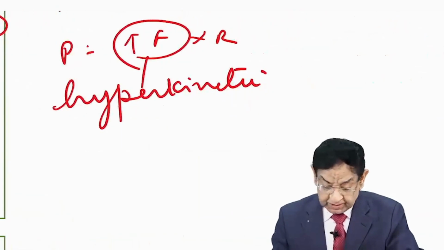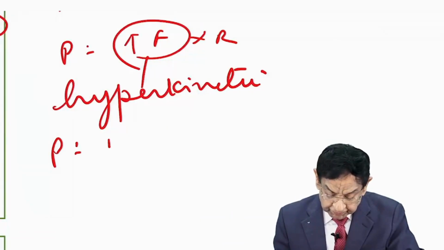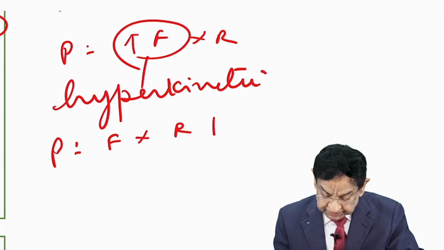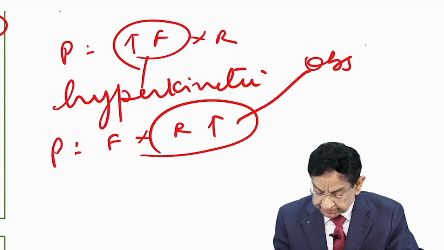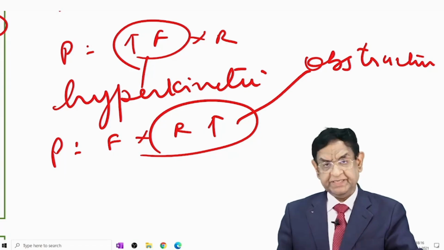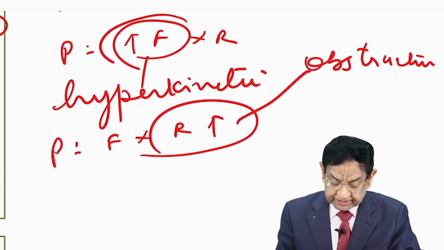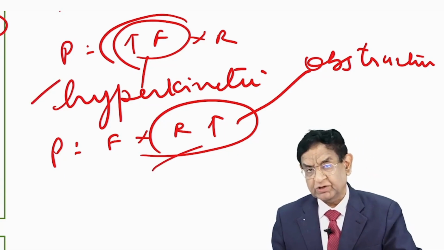So if this is the scenario, flow into resistance, this will cause the obstructive type of PAH. The problem of flow is hyperkinetic, the problem of resistance is obstructive.